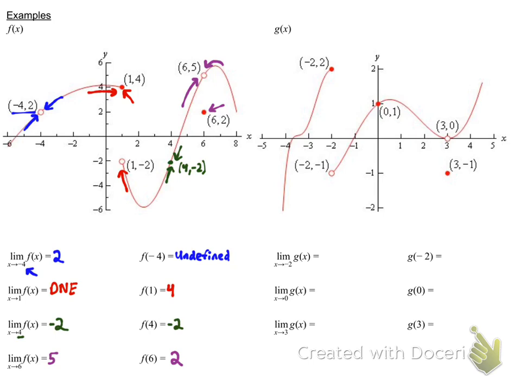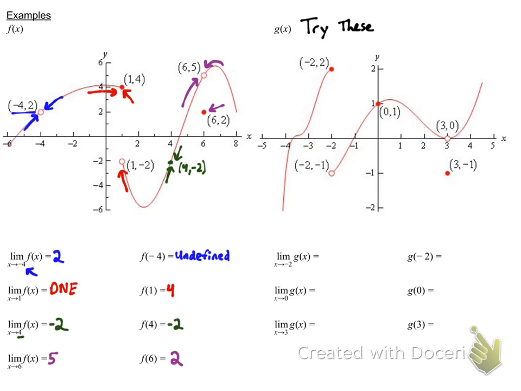You can have the limit and the function be equal at a point. We actually call that continuous when that happens. Or you can have the limit and the function not be equal, but both be equal to something else. So the limit here is 5, but the function itself at 6 is 2. All right, go ahead and try these, and I am going to show you the answers in just a moment.